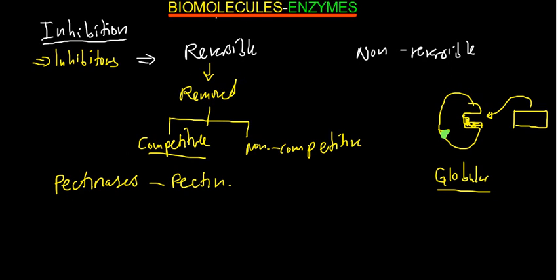We also have proteases. Proteases are enzymes that break down proteins and polypeptides into amino acids. So these are also other enzymes that we're able to see. There are a lot. Amylases, all those which break down other carbohydrates.